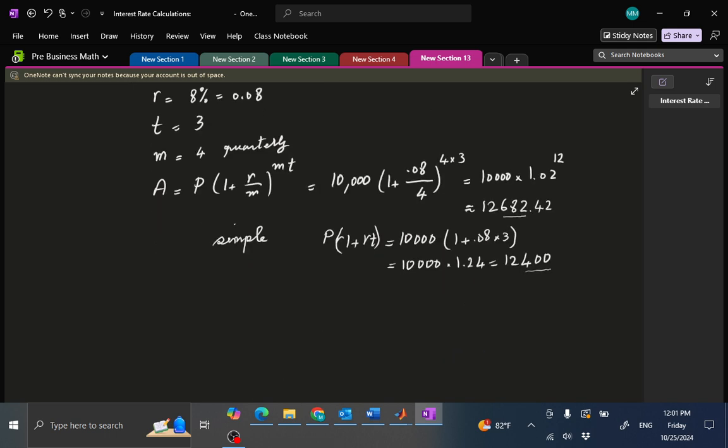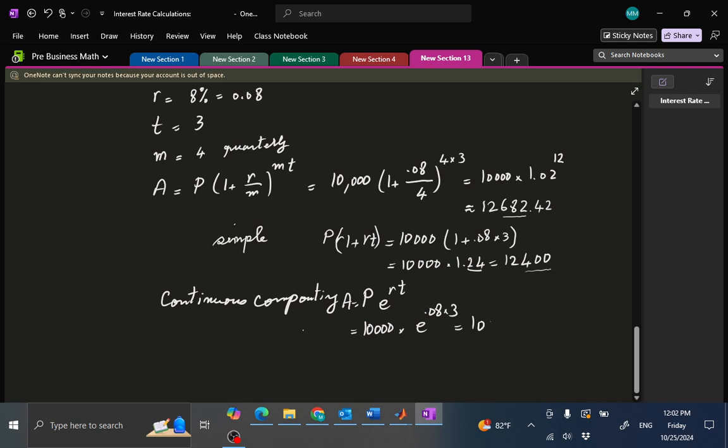Now, what about the same thing with continuous compounding? That would be P times e to the power of rt. That's the accrued amount in this case: 10,000 times e to the power of 0.08 times 3.